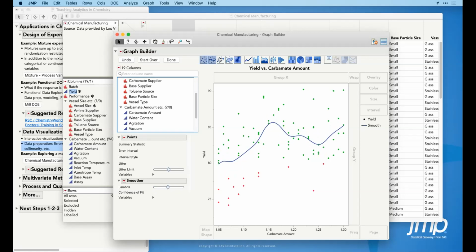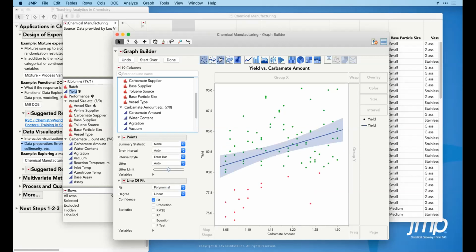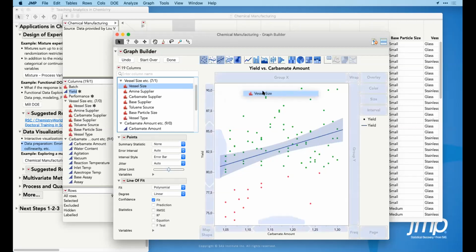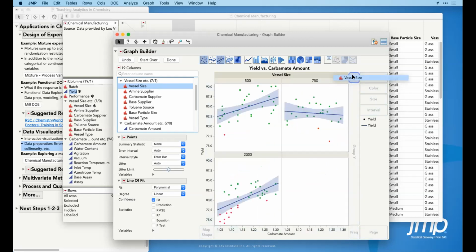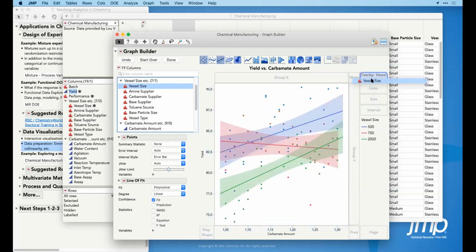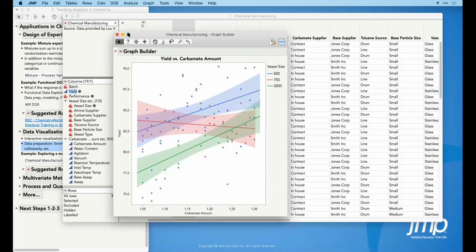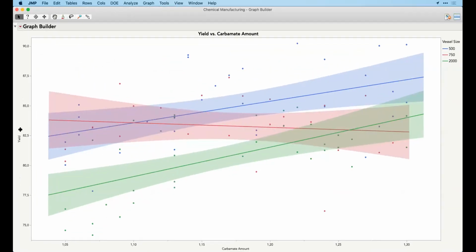Yeah, so I switch this to a line to see the trend. And now I'm also interested in, what about vessel size? Do we have the same trend for different sizes? So I can look at separate lines, but I can also overlay. And this looks interesting because here we see that the relationship between yield and carbamate amount depends on vessel size.